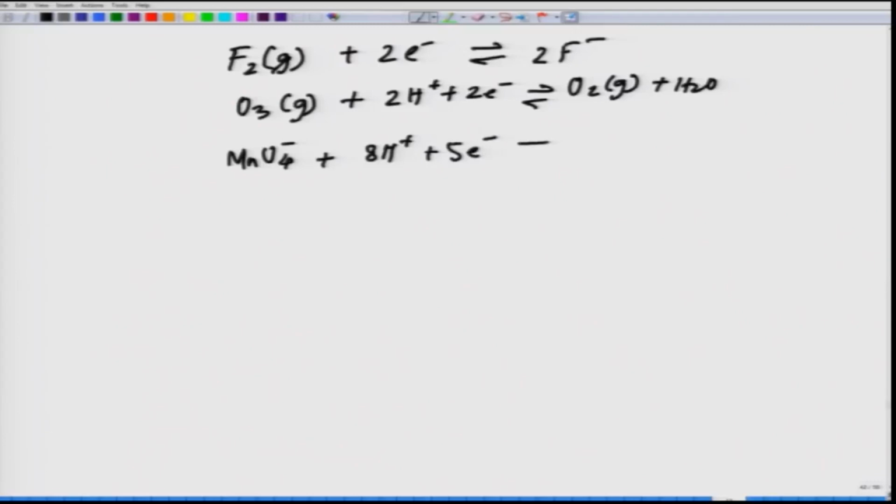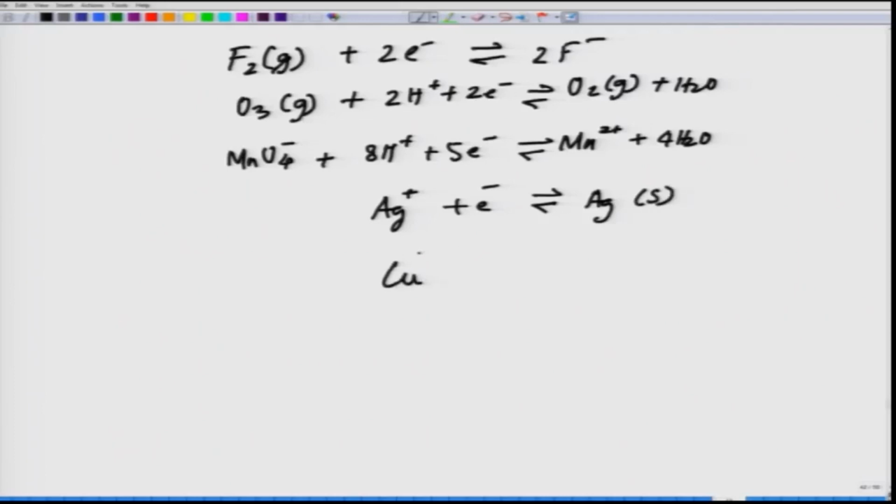I'm just giving a kind of example: Mn2 plus and 4 H2O. Similarly, Ag, we have already talked about it, Ag plus electron making Ag solid; copper 2 plus 2 electrons, making it Cu solid.